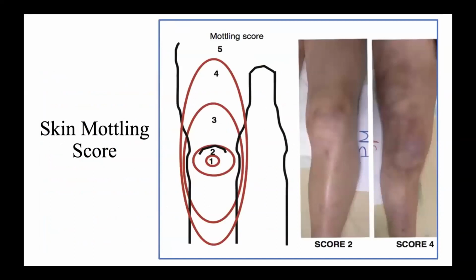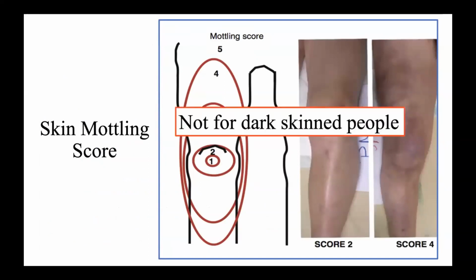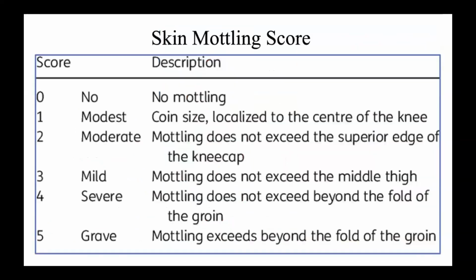In the mottling score, you look at the color of the skin around the knees. 0 indicates no mottling, whereas 5 indicates presence of mottling across the groin fold, and it cannot be used for dark skinned people.